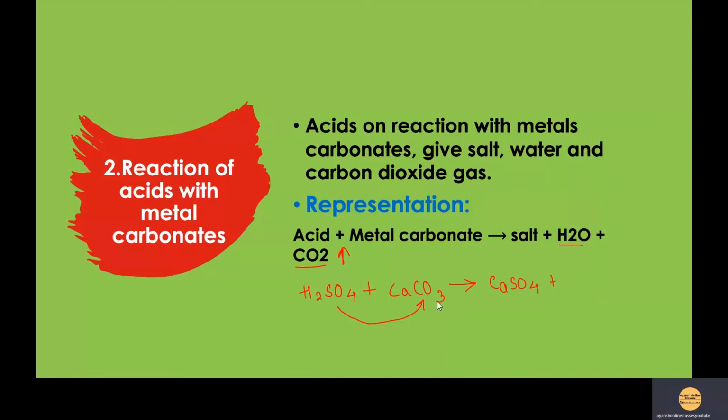H2 and 1 O will give us H2O, plus CO2 gas will be given out. So what is the reaction? Sulfuric acid, when reacting with the metal carbonate, calcium carbonate, gives a salt, calcium sulfate, and water, plus carbon dioxide gas is given out. So this is how the acids react with the metal carbonates. I hope everyone has understood this.